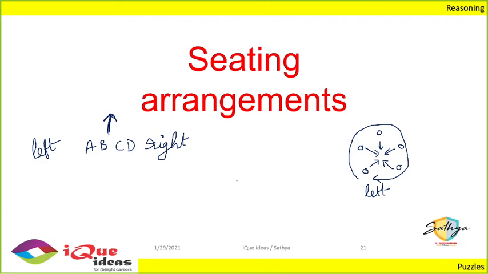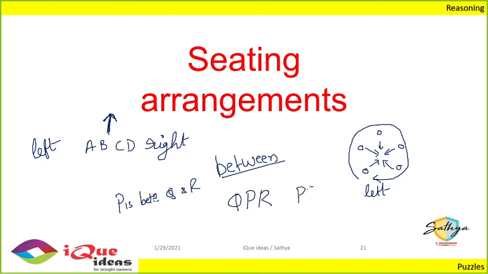Okay. Now, one very important clue which is very important to interpret is the word between. Supposing the clue says that P is sitting between Q and R, then always remember either you can put P between Q and R like this, or you can put P between Q and R like this.